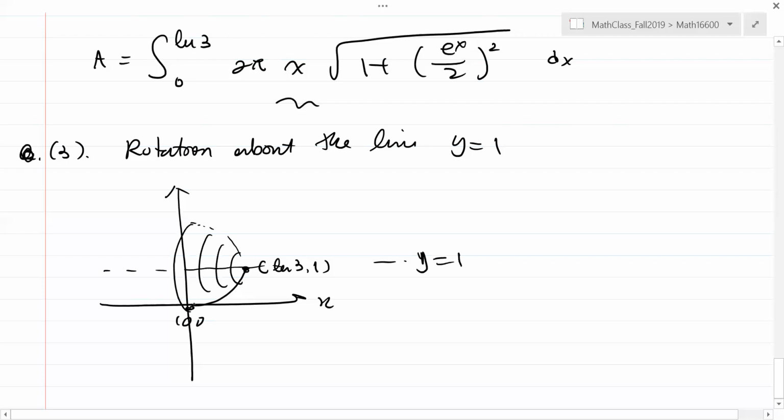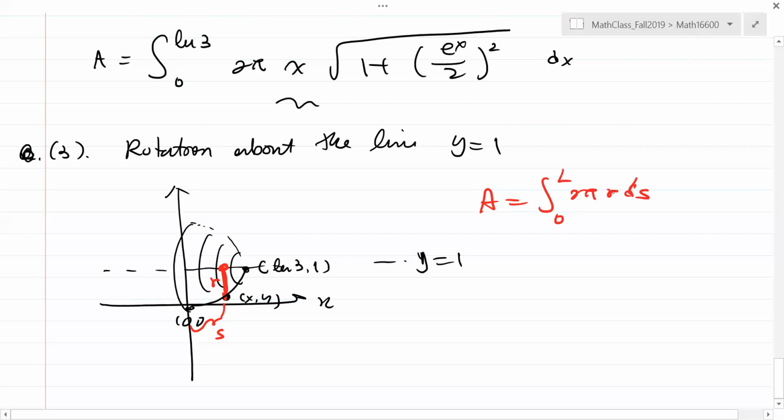All right, so take an arbitrary point x and y, and you need to draw the radius. From here to here it's s, that's r. My original formula is 2 pi r ds. This is a universal formula.